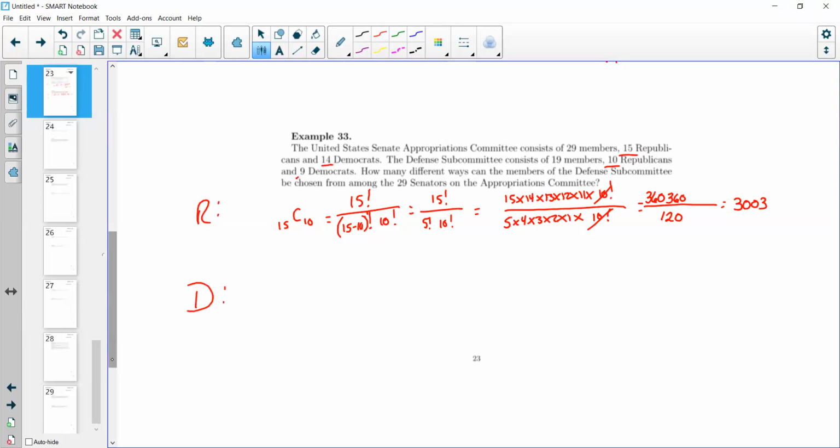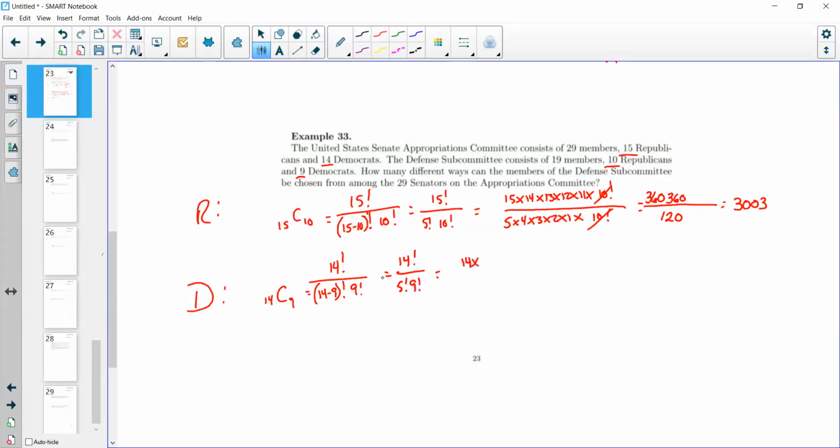We have 14 and we're choosing 9. So I have 14 choose 9. That means 14 factorial over 14 minus 9 factorial, 9 factorial. Gives me 14 factorial over 5 factorial, 9 factorial.